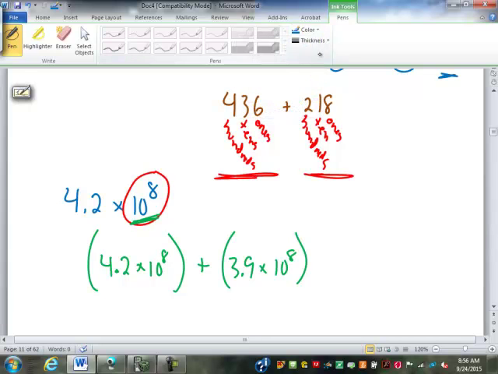So here, do we have the same power of 10? We sure do. And when we add numbers, we combine counts. 4.2 plus 3.9 is 8.1 times 10 to the 8th, because when we add numbers, we keep the same name. So 10 to the 8th and 10 to the 8th will stay 10 to the 8th.